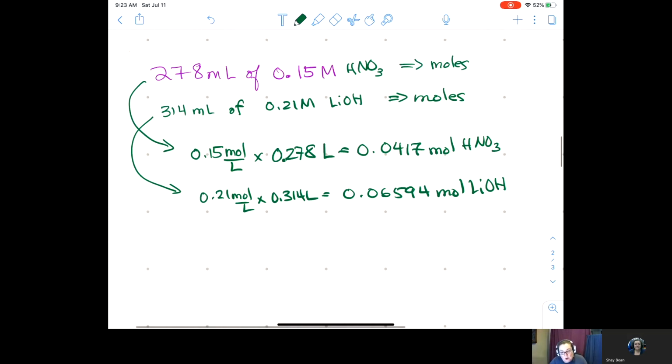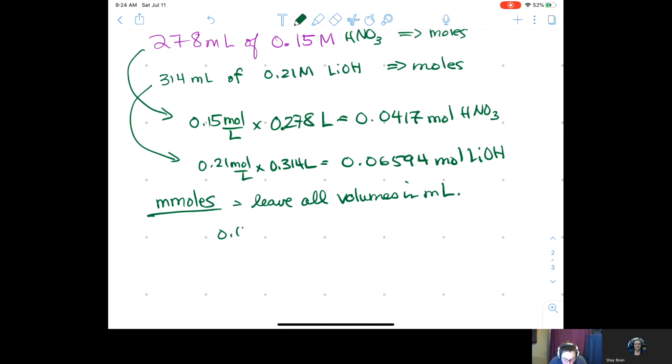Now, just a note, I don't mean to make this complicated, so you're welcome to ignore this. It is just as easy to work this in something called millimoles instead of moles. Millimoles says leave all volumes in milliliters rather than changing to liters. If you leave all the volumes in milliliters, it just makes the math easier. You have fewer decimal places.